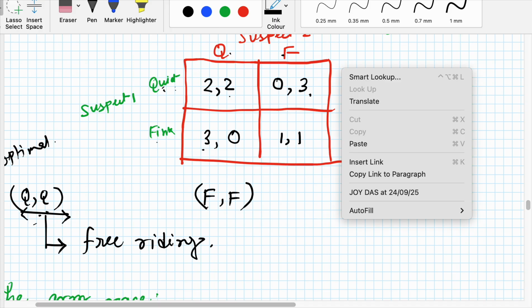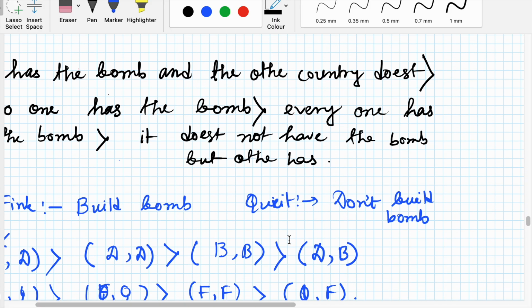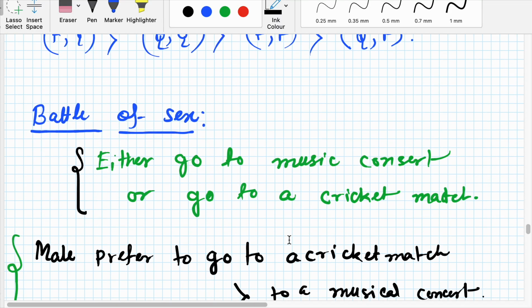In the next game we learned about the battle of sexes. Here we presented a game which captures the situation where two individuals always want to do something together. However, suppose there are two different things they can do together.